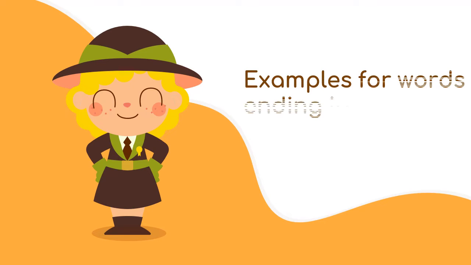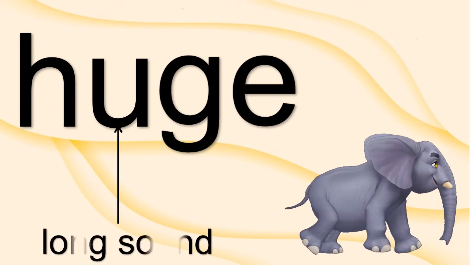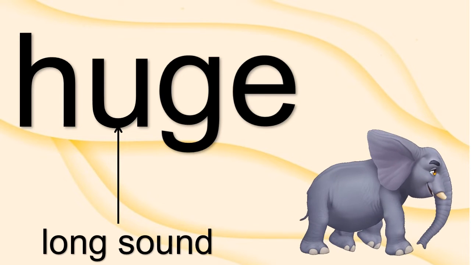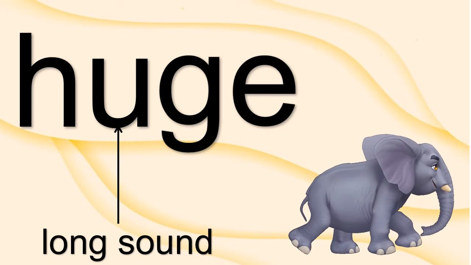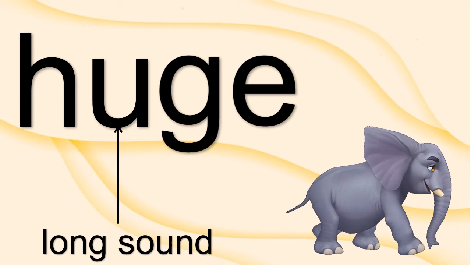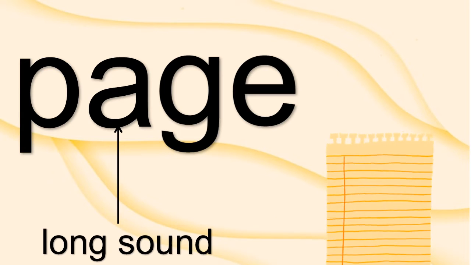Now, let's see some examples for words ending in GE. In the word huge, we have a long vowel which is U before the J sound, so we don't write DGE, we just write G and E. In the word page, we have a long vowel which is A before the J sound, so we write GE.